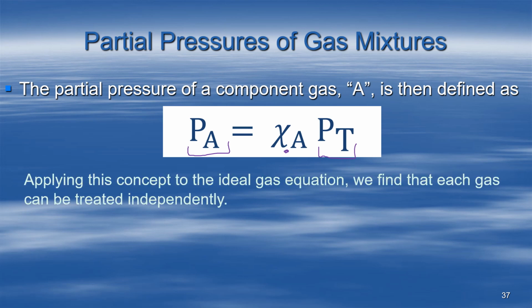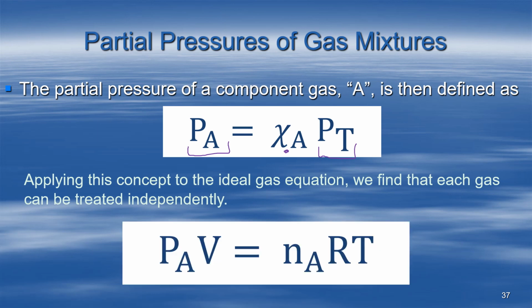We can also apply this to the ideal gas law, and if we're able to treat each gas independently, then we can say the partial pressure of A times volume equals the moles of A times RT. We're not really going to do that much, but it's something to keep in mind, especially if you go on and take more chemistry or organic chemistry, where we have gases that we separate this way. So it's just helpful to know.